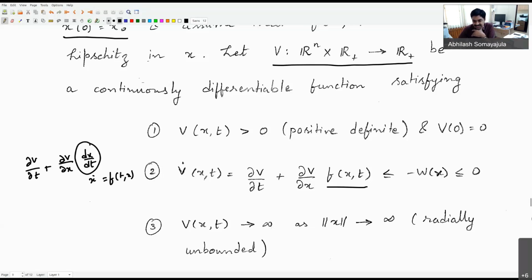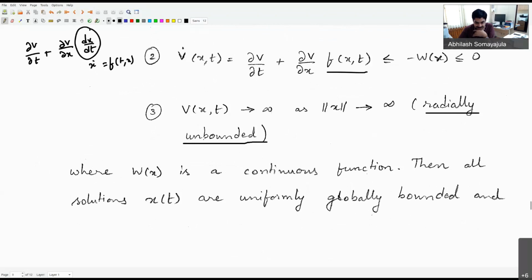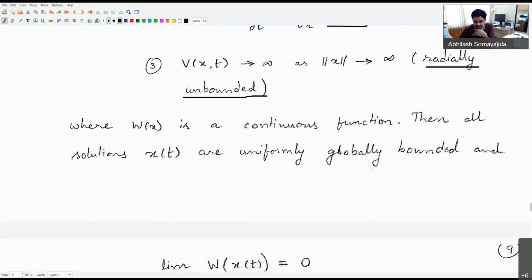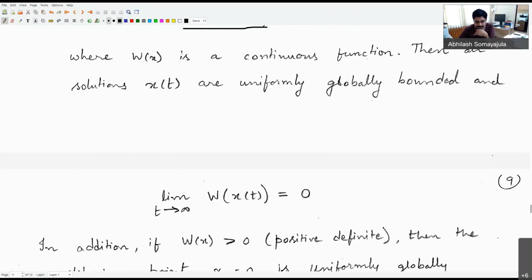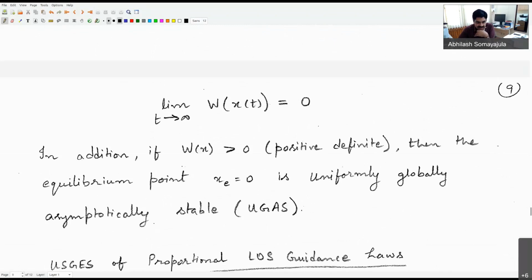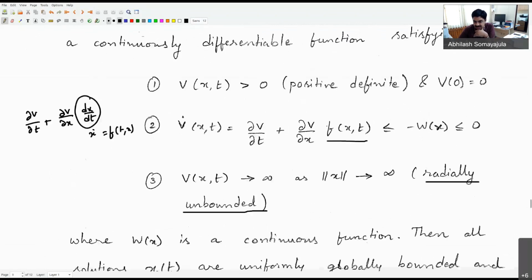If v dot is less than or equal to 0 and v of t comma x tends to infinity as x goes to infinity, which means it's a radially unbounded function, and we are able to formulate a v under these conditions, then x of t is uniformly globally bounded. In addition, as t tends to infinity, w of x of t tends to 0, where w is nothing but this bounding function here.